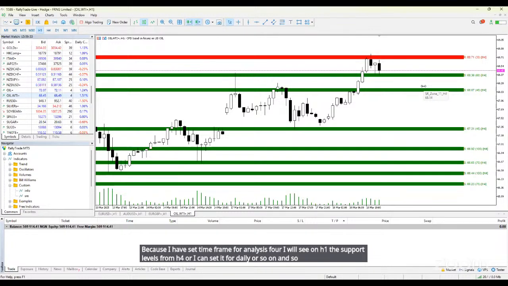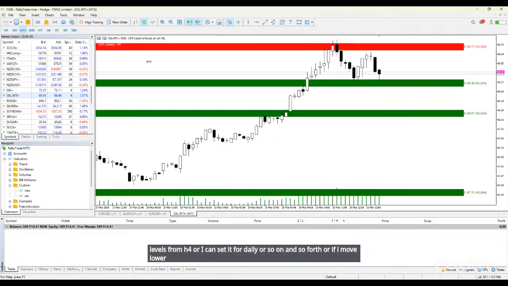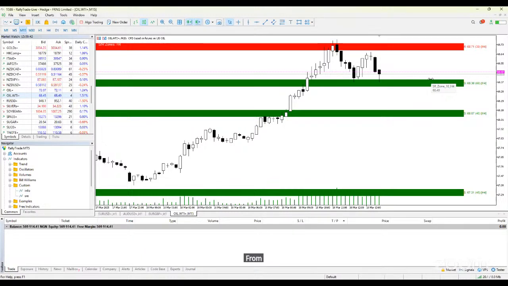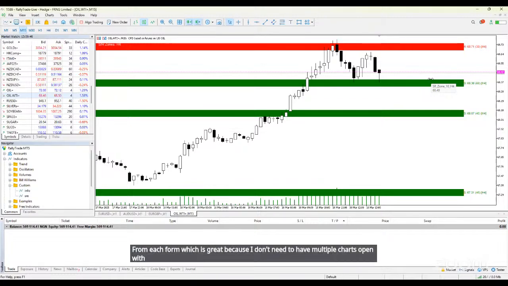Or if I move lower on M5, M15, I'll still see the key level supports from H4, which is great because I don't need to have multiple charts open with the same instrument in order to check those levels on a higher time frame. I will have them on my chart on the time frame I'm trading on.